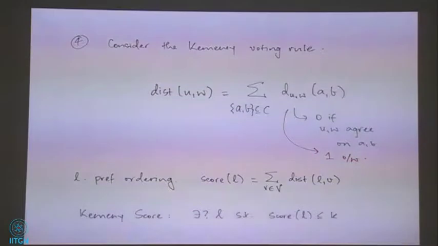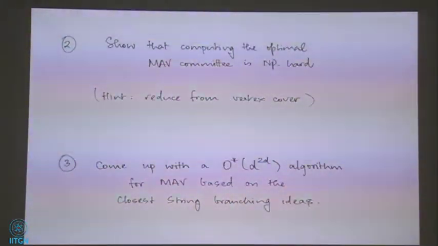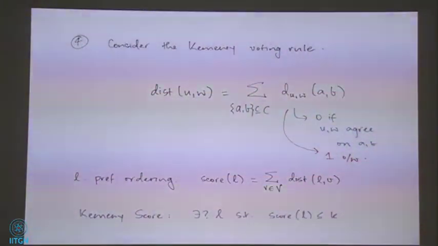Also, computing the ranking that has the smallest possible Kemeny score turns out to be NP hard, which is in slight contrast with the approval ballot setting, because, okay, I don't have a slide for it, but in the context of approval ballots, if you think of the min sum voting rule, then it should be fairly clear that that is easy to compute. It's easy to compute the optimal committee under min sum.